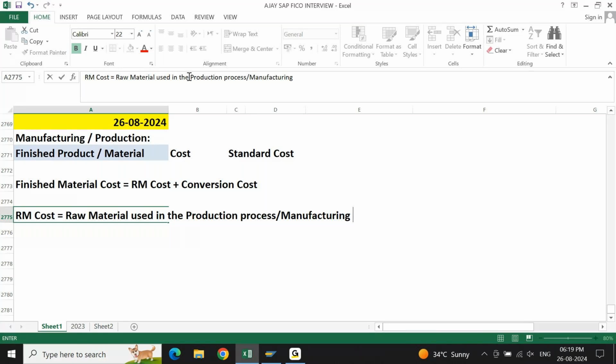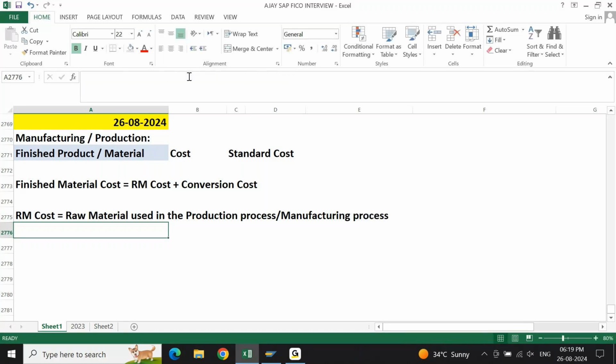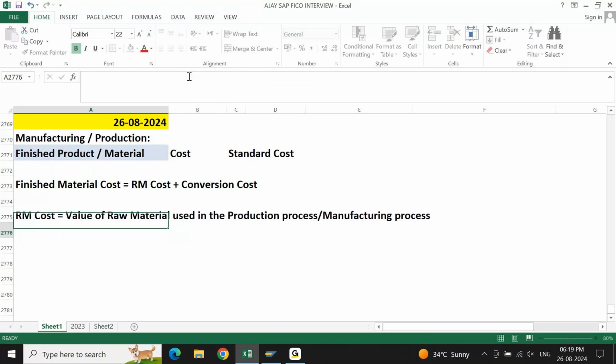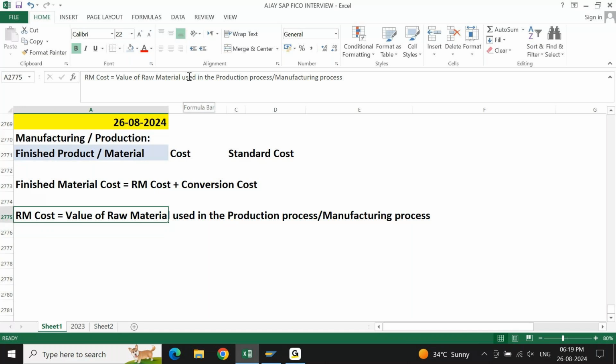Can I say RM cost is equal to the value of raw material used in the production process or manufacturing process? Is it okay? Is it correct? Making sense? Yes, sir.